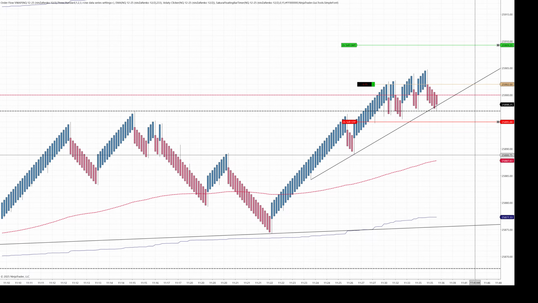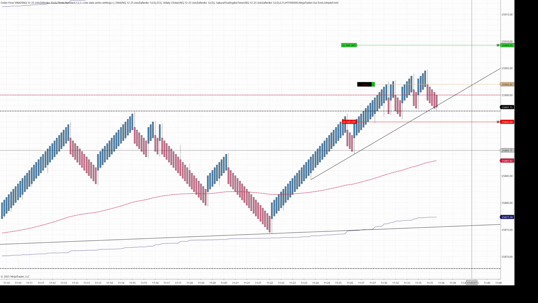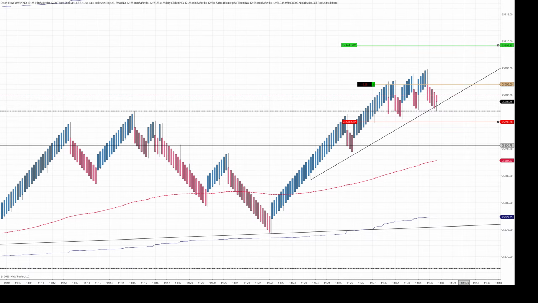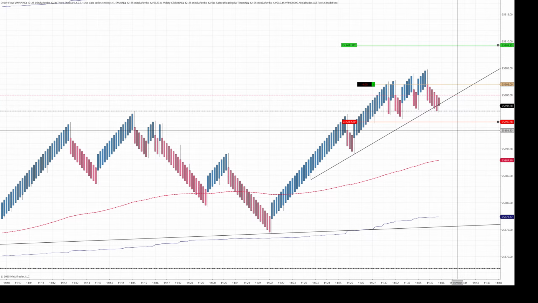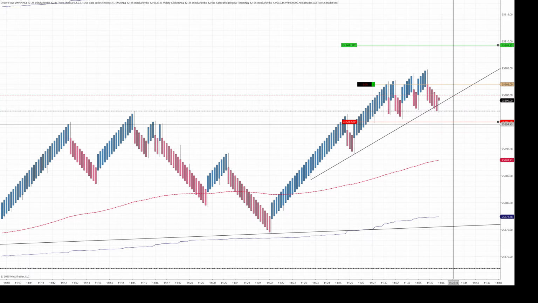Or it reverses and takes me out. Wow, it is stuck.